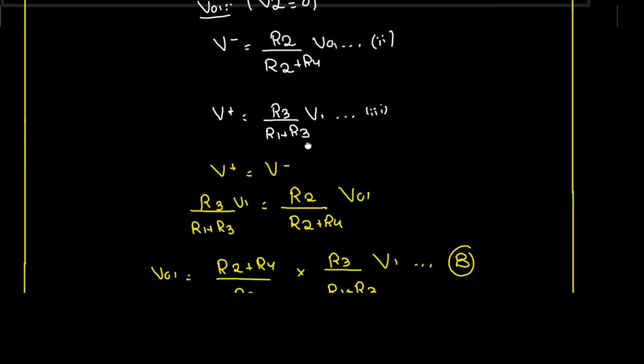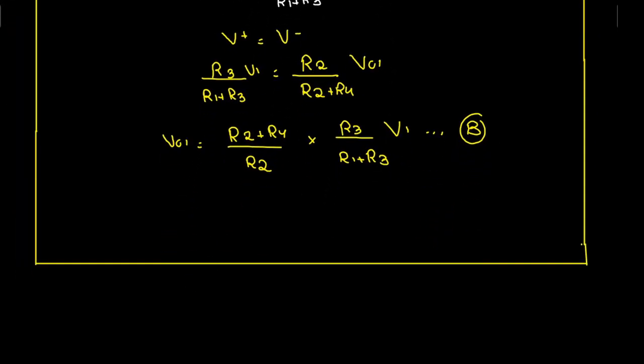So I am going to write both these voltages over here. V0 is equal to R2 plus R4 divided by R2 into R3 divided by R1 plus R3, multiplied by V1.